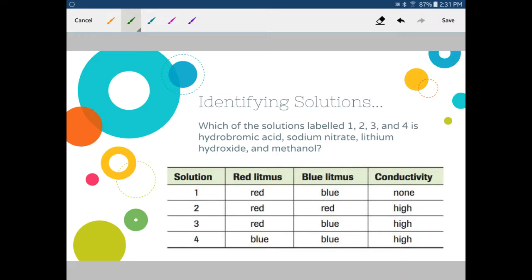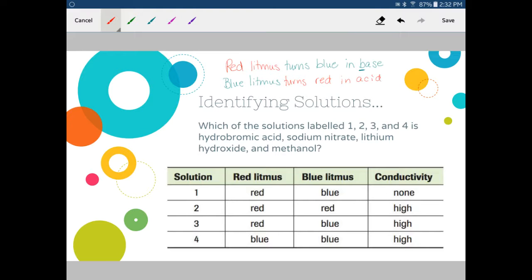Now, we know that red litmus paper turns blue in a base, blue for base, and blue litmus turns red in acid.